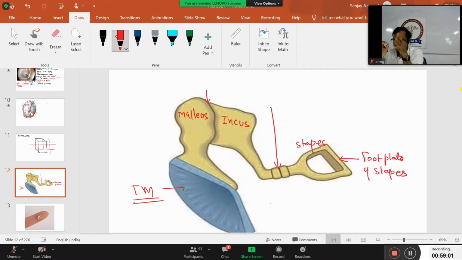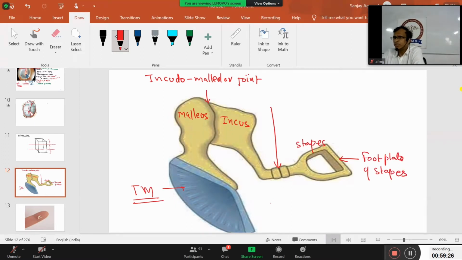The first joint is between who and who? Incus and malleus. Am I right? Therefore, this joint is called incudo-malleolar joint. Incudo-malleolar joint. Pretty logical, isn't it?